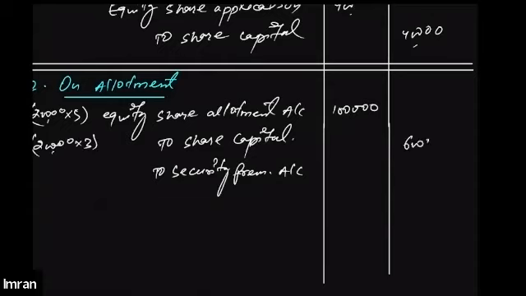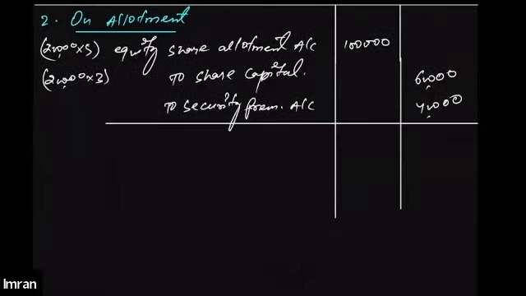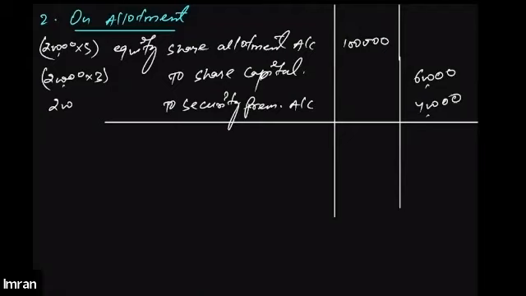So that means 60,000 on share capital and 40,000 for the security premium reserve. All right, is that clear? Everyone, is this clear? Yes or no? Yes, sir. It's clear.